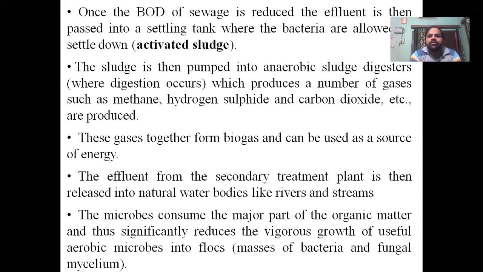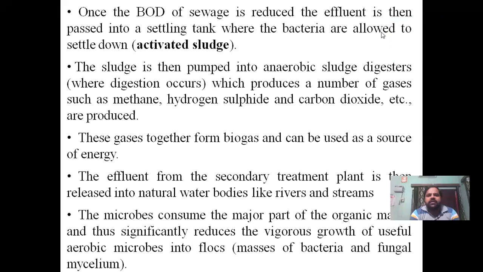Once the BOD of the sewage is reduced by the action of microbes, the effluent is passed into a settling tank where the bacteria are allowed to settle down, and these settled bacteria are called activated sludge.